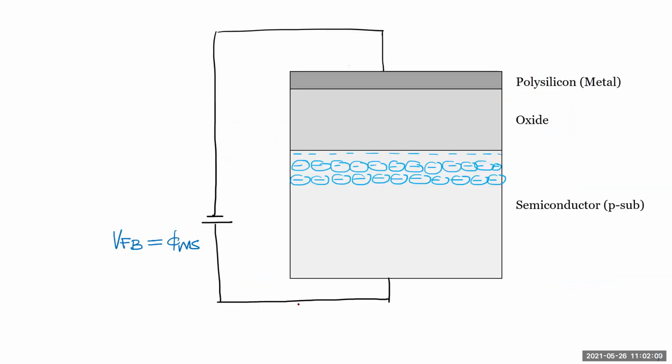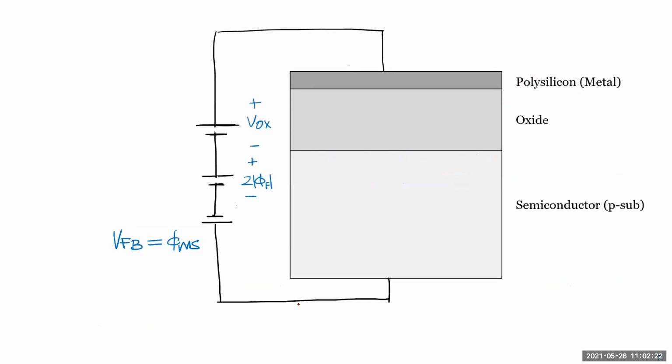I showed it in another way, where in the example we took, the charge is already formed. So what you do is make it flat by applying a negative voltage first, you take it away, and then you apply 2Φf plus the Vox, which is the surface potential needed to invert the channel, plus the oxide depletion charge divided by the Cox, which is the voltage needed to accumulate the depletion mode.